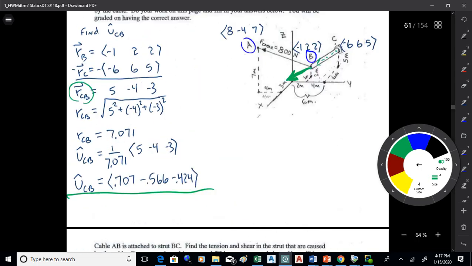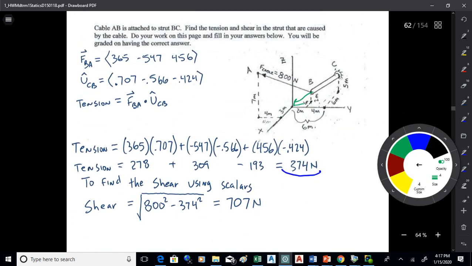All right. Now, okay, so I got the tension. Now, if I just want to get the magnitude for the shear, which is what this problem calls for, what I realize here is I have a vector relationship. Okay, I've got the tension going that way. That's the tension.